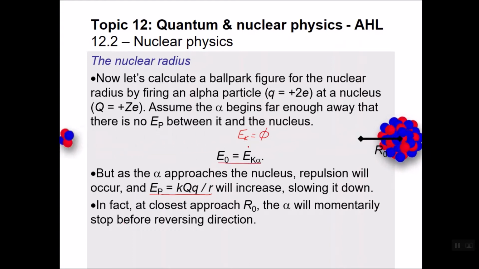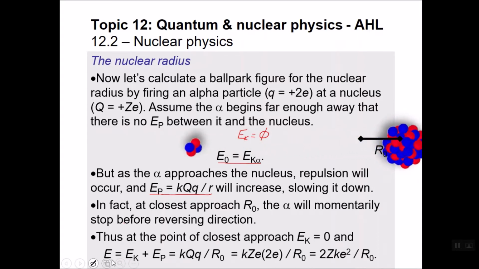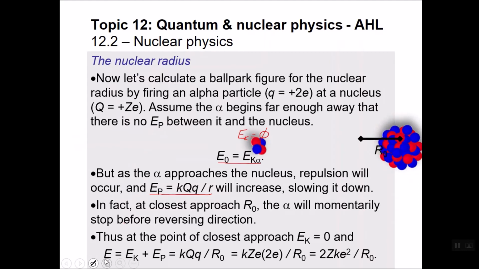The kinetic energy is equal to 0. So in our equation, we have the overall energy, kinetic energy plus potential energy, well, this is 0.